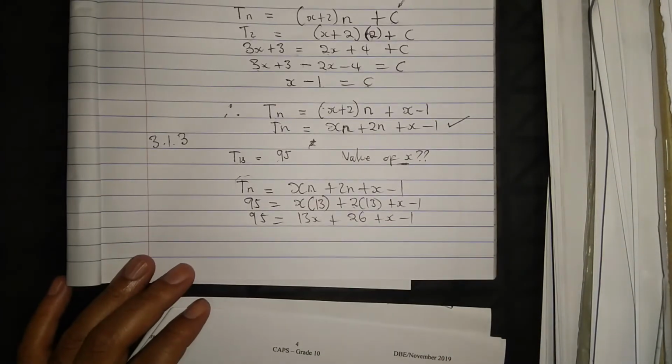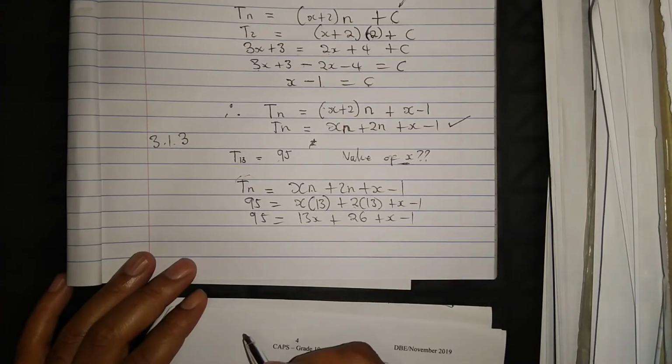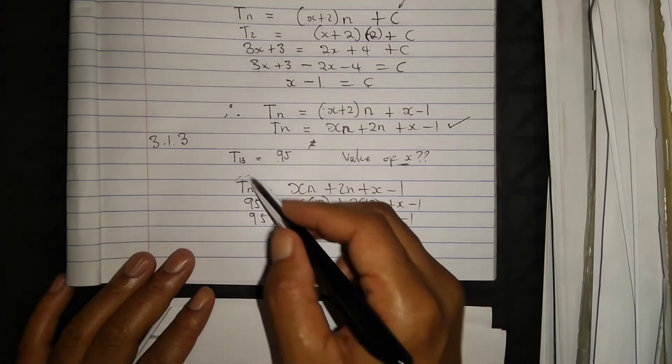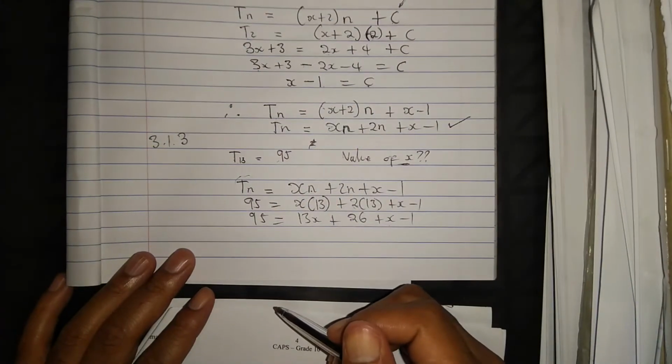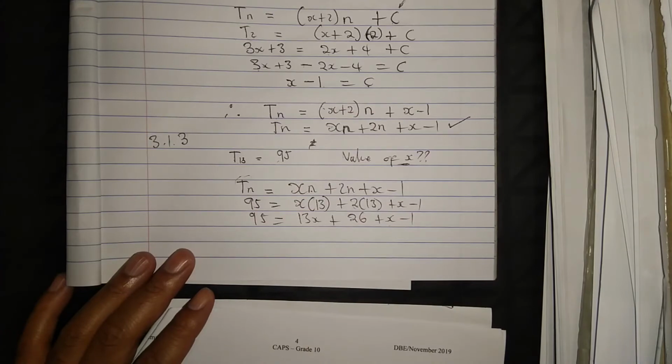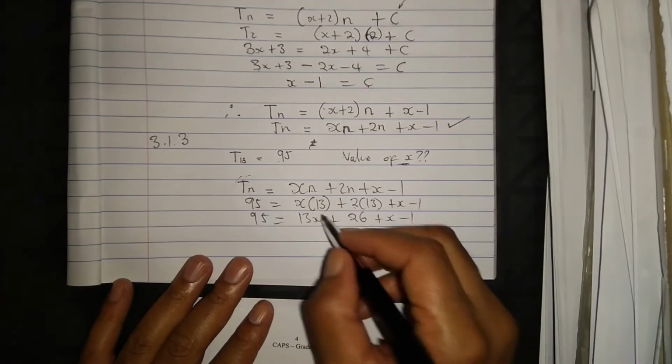So therefore, I'm going to use this equation to find the value of x. What I did is I substituted these values into the nth term for the pattern. So now I'm using this given value to calculate the value of x.